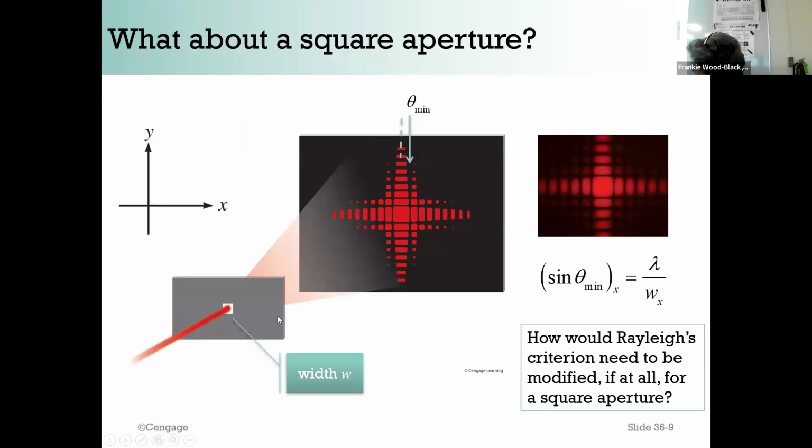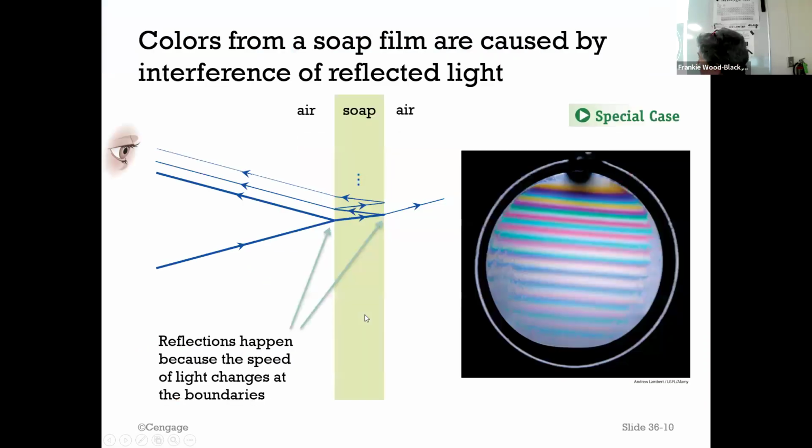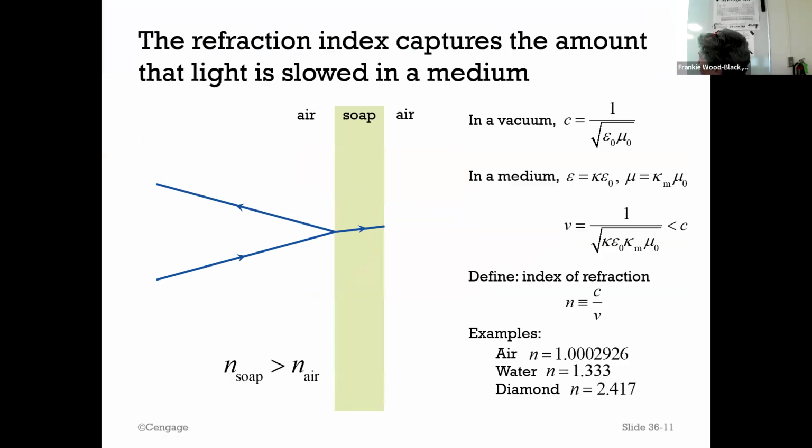This is why I said we'll be able to tell shapes, because if I get a square aperture, I'm going to get these types of diffraction patterns. Here's another good picture of thin films. Again, we're coming in and using a thin layer to get our waves out of phase.